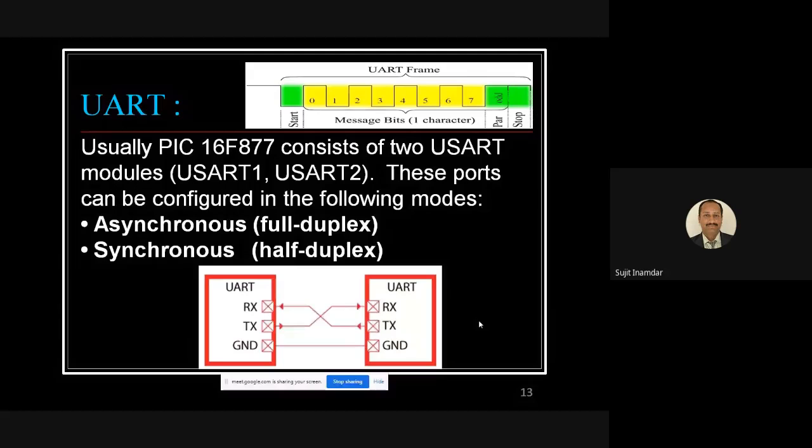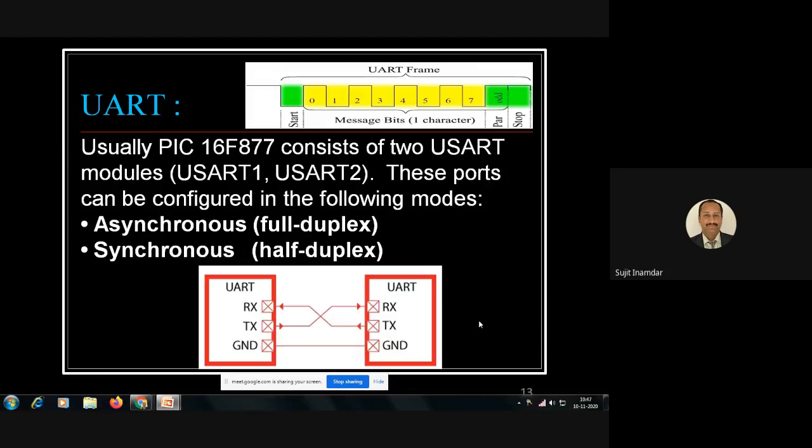That is, both sides can start sending or receiving data at the same time, simultaneously, which is a limitation in synchronous. There, half duplex communication happens, that is, one at a time. So we have to remember why asynchronous is used mostly. That's why the universal asynchronous receiver transmitter, UART, is used.